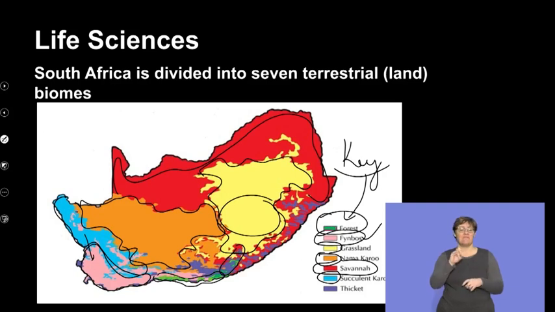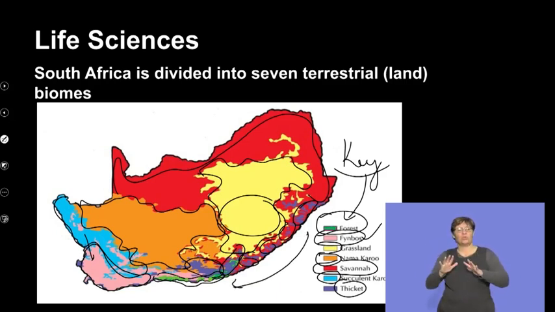And then the last biome would be the Thickets, and these are sprinkled along parts of, you can see KZN coming towards the Eastern Cape, and these are typically found as small scatterings around these areas. And that's often along the coastal regions influenced by the type of climate that's present in these areas. So guys, that's just a quick overview of these biomes.